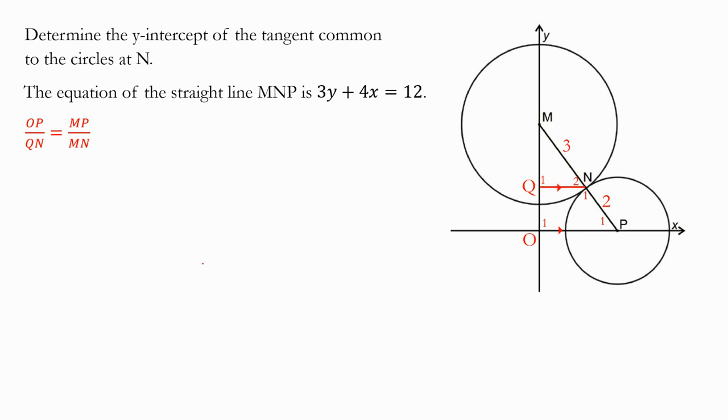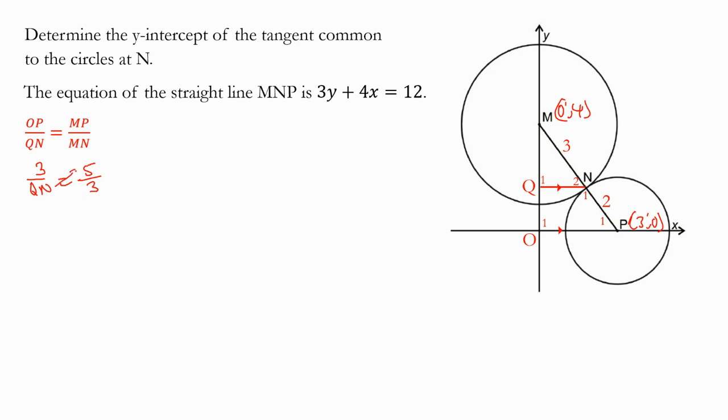OP is 3, and then over QN is equal to MP, which is 5, over MN, which is 3. And then we want to get QN, so we can cross multiply here.